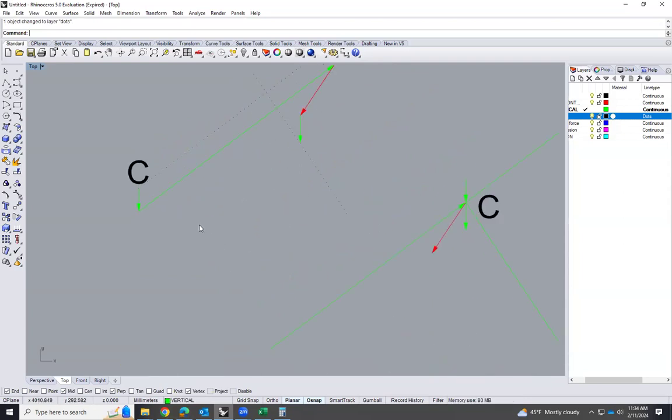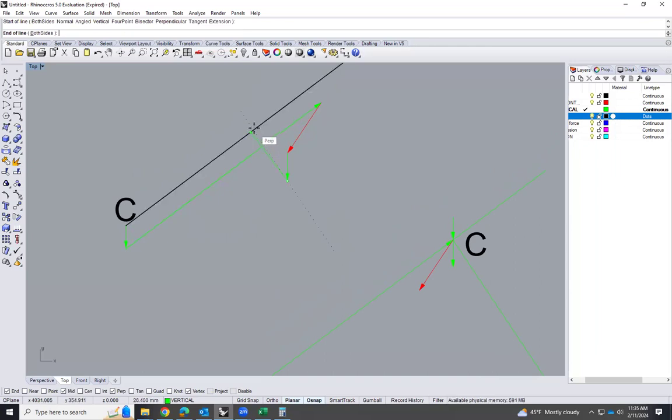So that's the first, then the second, then the third, then the fourth. If I want to go to this point, I have to go this way, and then I have to go that way.